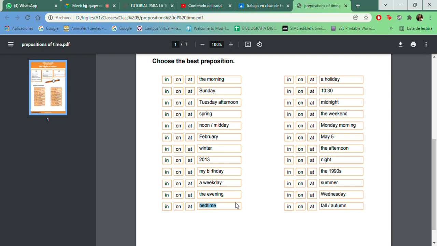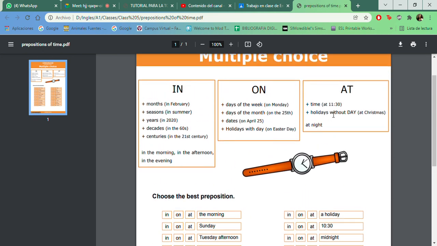And the next one, you have two possible ones, the weekend. But in the other box, it says at festival and holiday. Because it's not a specific day, it's the holiday, like at Easter. For example, I always eat chocolate at Easter.